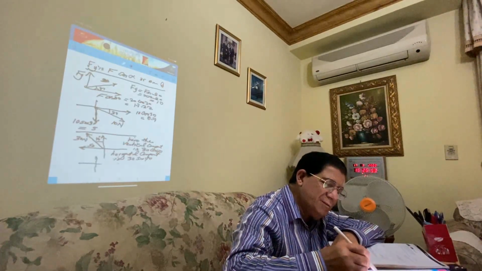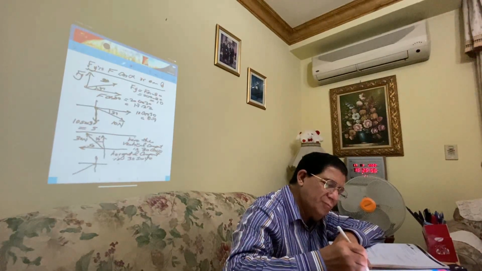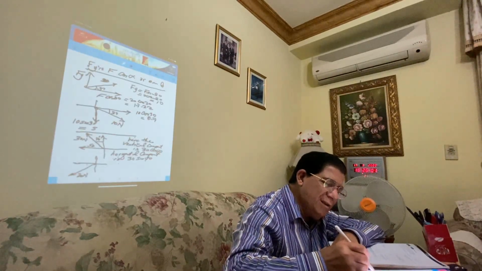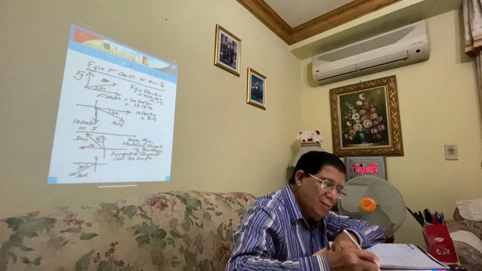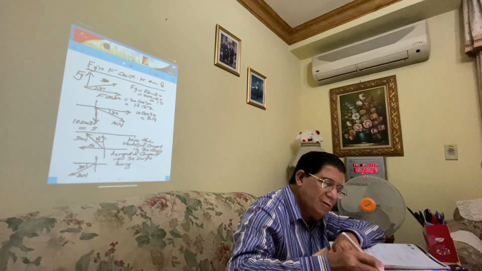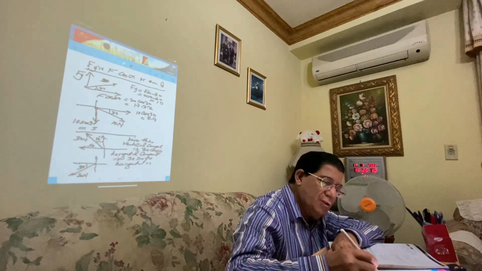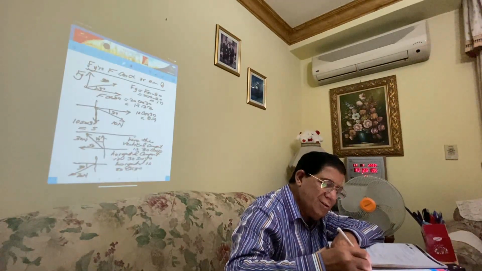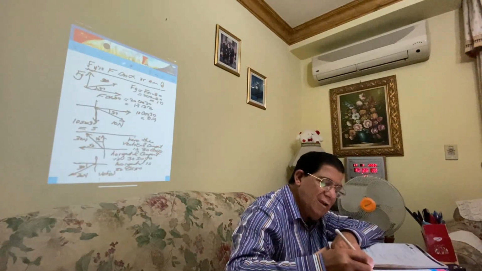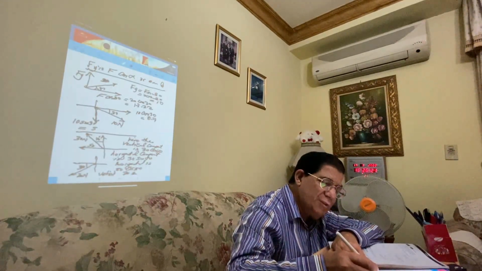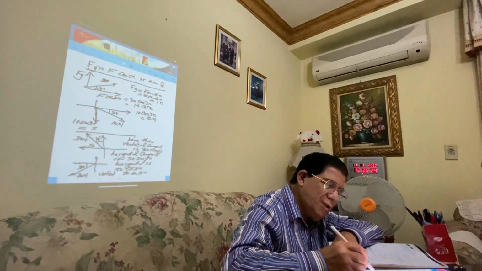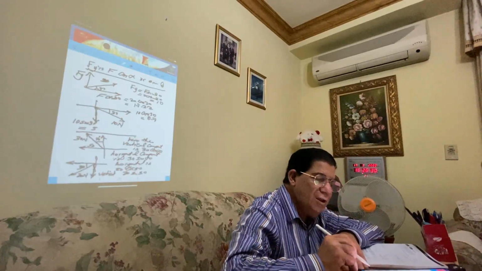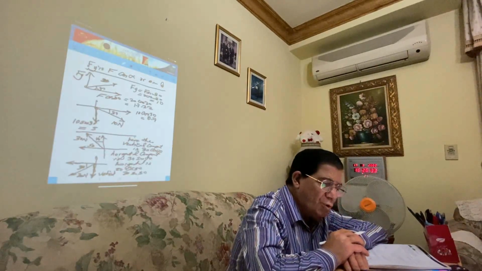This force then, 20 Newton, making an angle 30 here. The horizontal is 20 cosine 30, and the vertical is 20 sine 30. And both are negative because this one is to the left and that one is down, when I draw them properly.